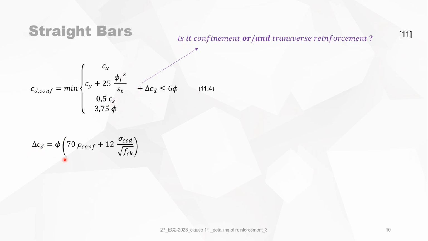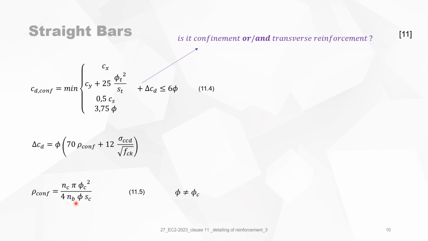The delta cd is given by this formula. It's the bar diameter plus this term. You see the external pressure coming in, and then you have rho confinement, and rho confinement is a function of the diameter of the confinement reinforcement. So remember, Vc is the diameter of the vertical bar, Vt is the diameter of the horizontal bar.